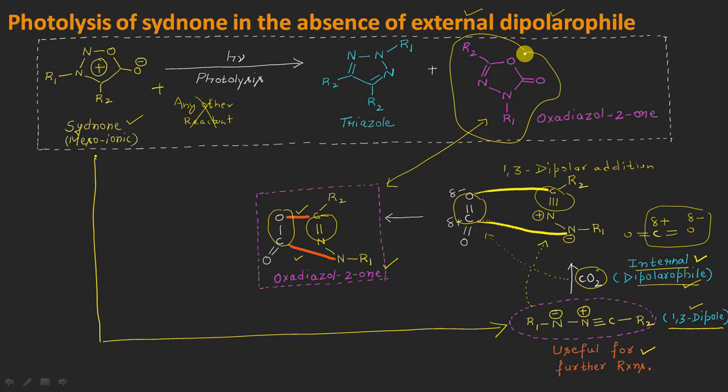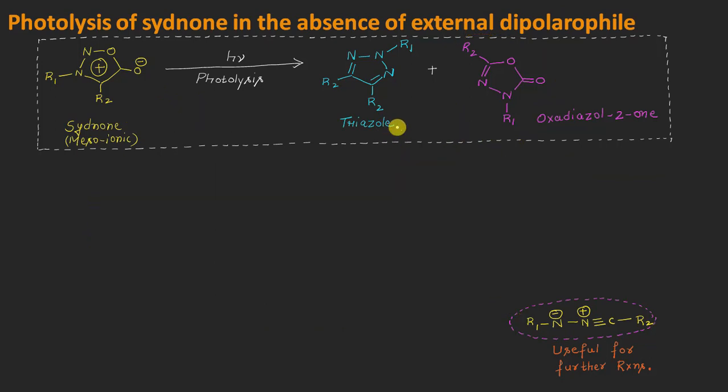And now we will see how from this structure we will get this triazole molecule on the next slide, right? So we want to see now how the mechanism will go further and result in the formation of this type of triazole as the first product molecule.